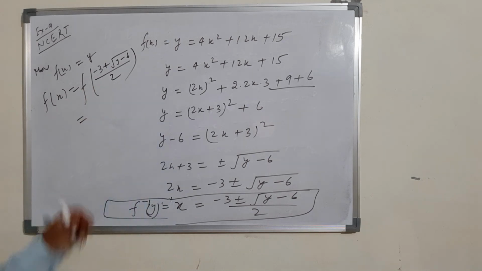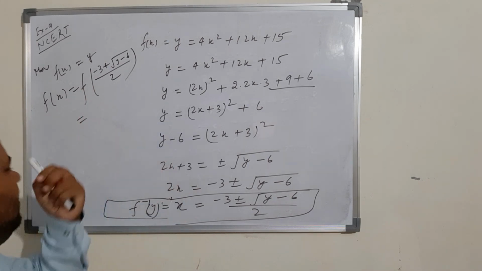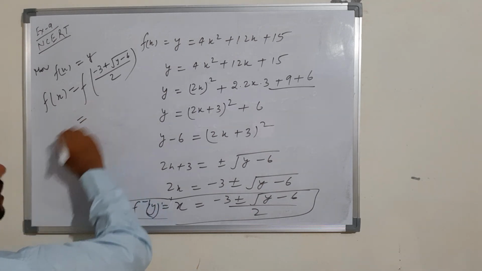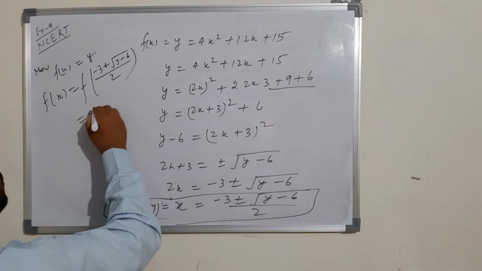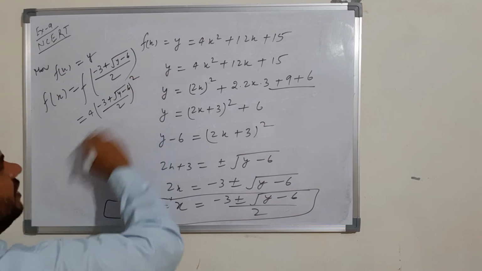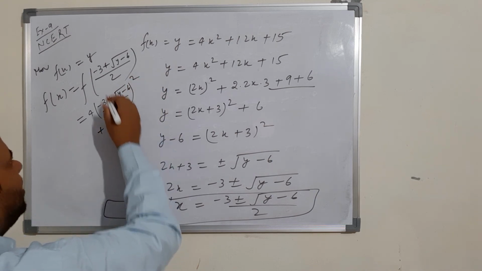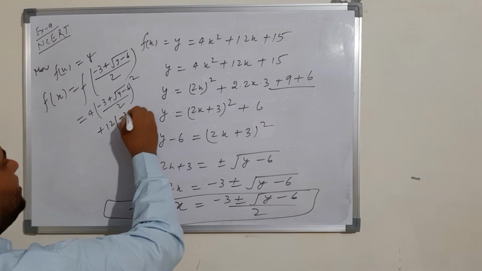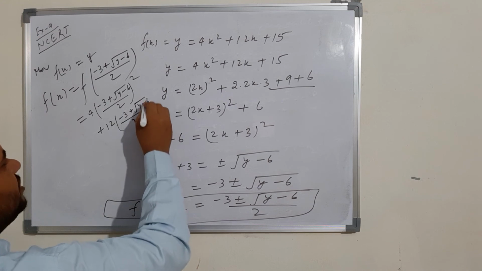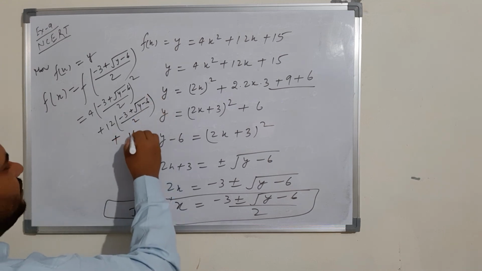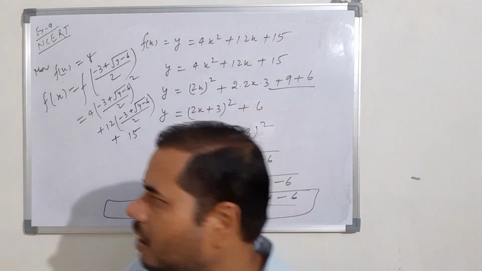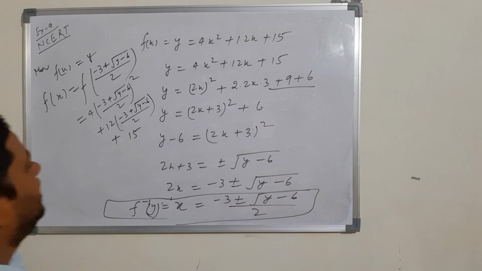So after solving this we will get f(x) as y. f(x) means 4x square, so 4 into (minus 3 plus root of y minus 6 divided by 2) whole square, and then plus 12x, that is 12 into (minus 3 plus root of y minus 6) divided by 2, and plus 15. This is already solved in NCERT. If you solve this, simply you get y.